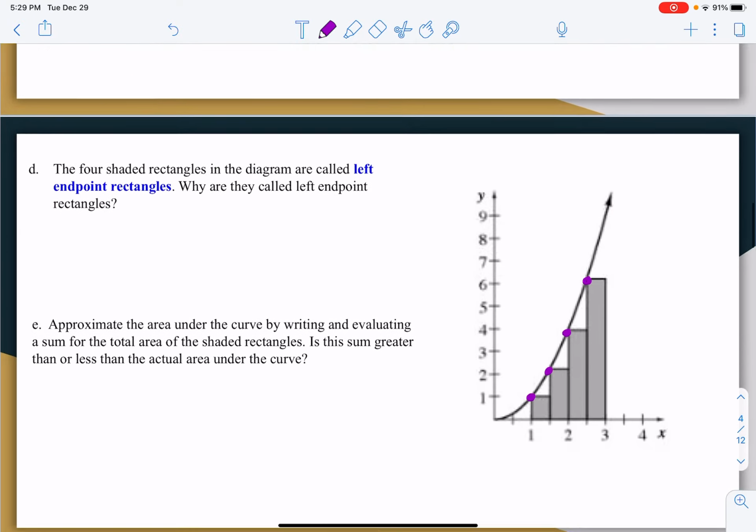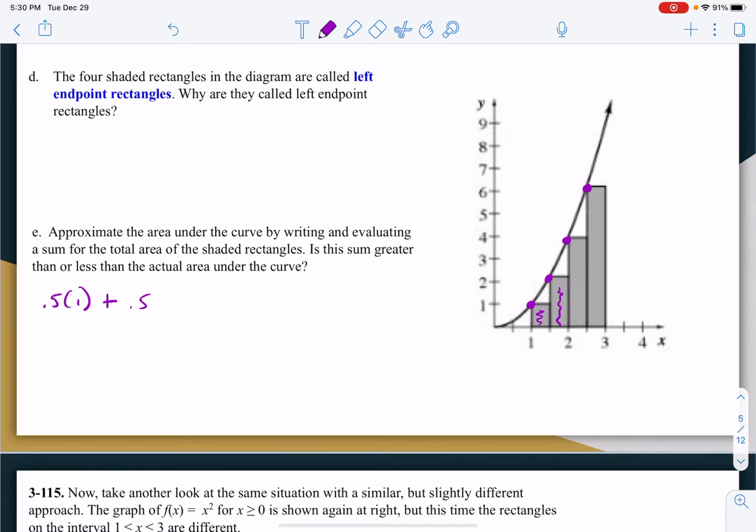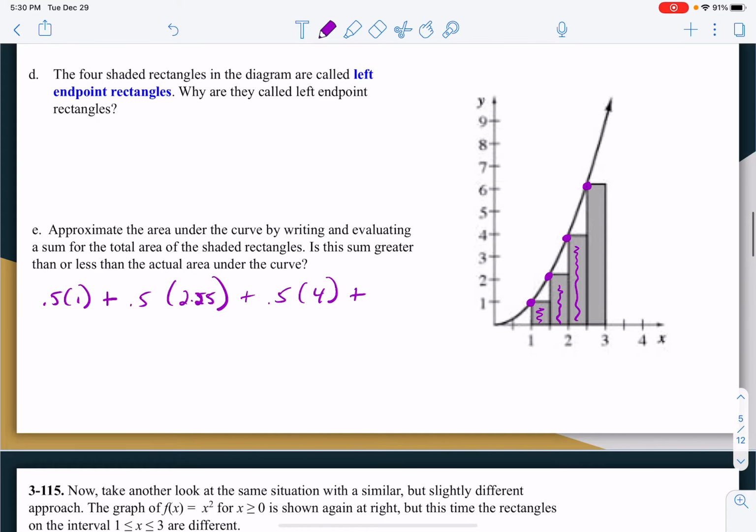So the area of my first rectangle, length times width, plus the area of my second rectangle, length times width, plus the area of my third rectangle, length times the width, plus the area of my fourth rectangle, length times the width, or base times the height of each rectangle.